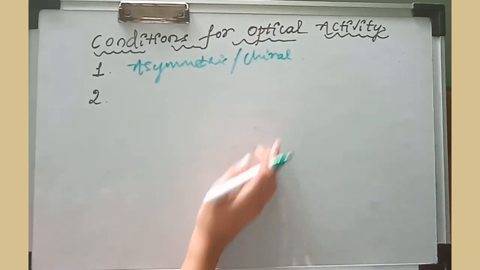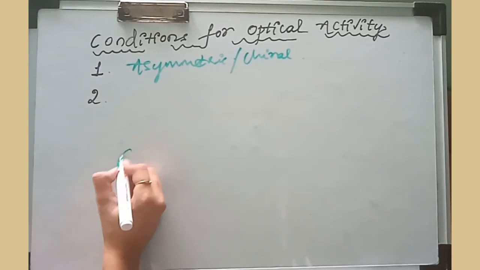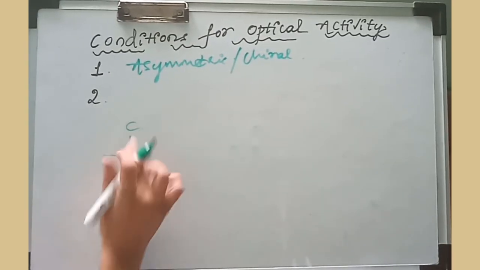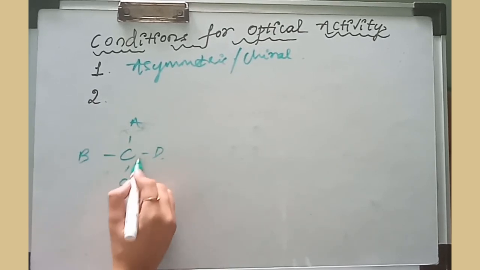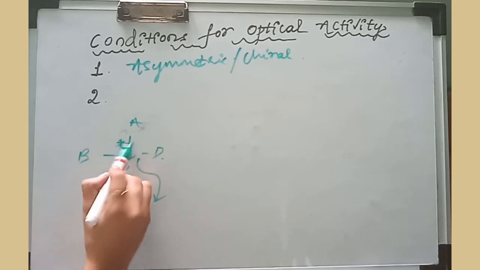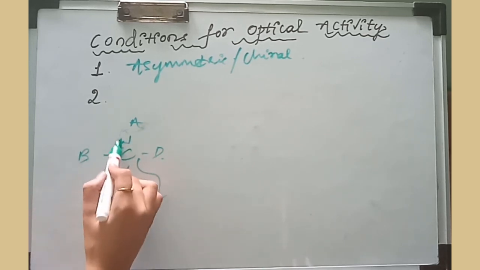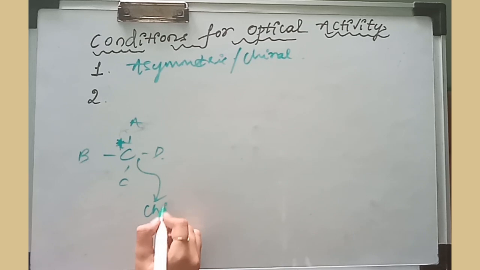You have already learnt that a chiral carbon is a carbon atom which is attached to 4 different groups. This is represented by the asterisk symbol, and this is called chiral.